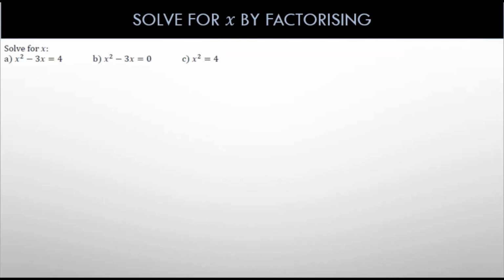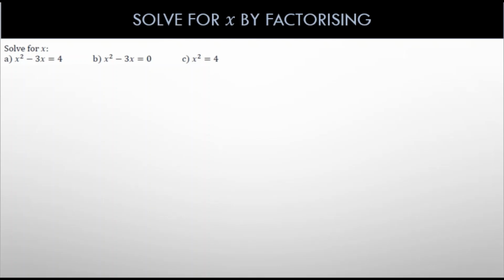Okay, so the first one, we have to solve for x by factorizing. So in the first question here, I have x squared minus 3x is equal to 4. So very simple here. We have a quadratic, and the reason why it's a quadratic is the leading term has the exponent 2.